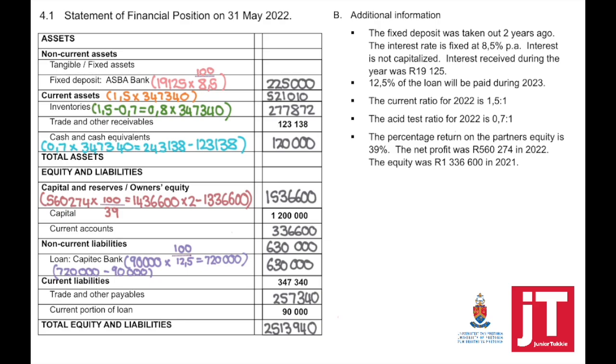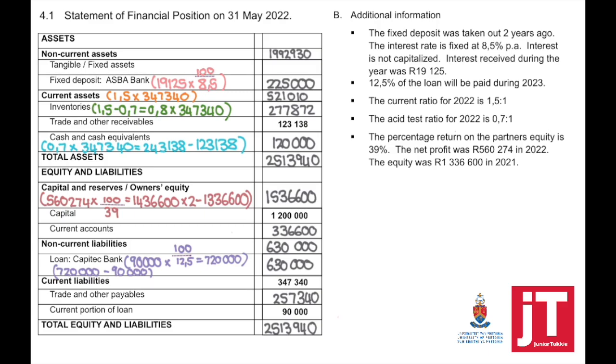You should know, if we're looking at a balance sheet or statement of financial position, your assets must equal your owner's equity plus liabilities. This means I can now take that total equity and liabilities straight to the total assets. Total assets minus current assets equals non-current assets.